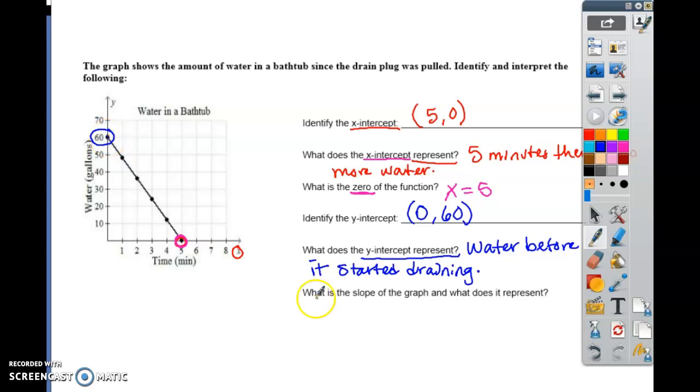And then what is the slope of the graph and what does it represent? The slope of the graph, you don't have to figure this out, but it's going down by a certain amount every time. So that's the rise over run.